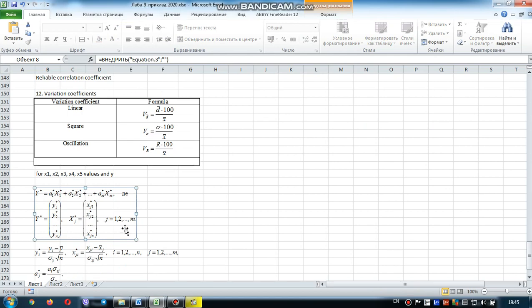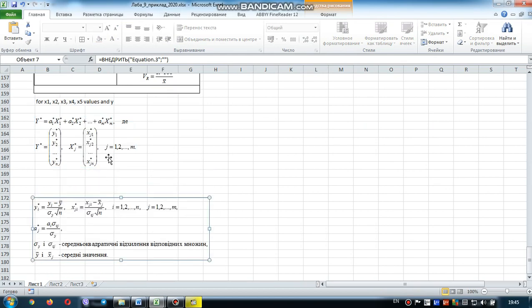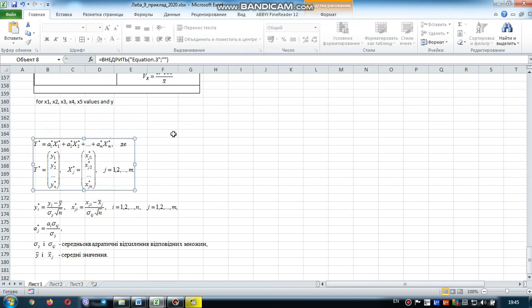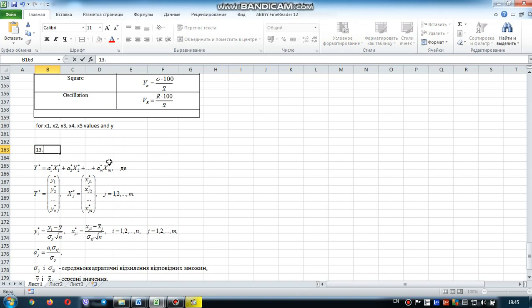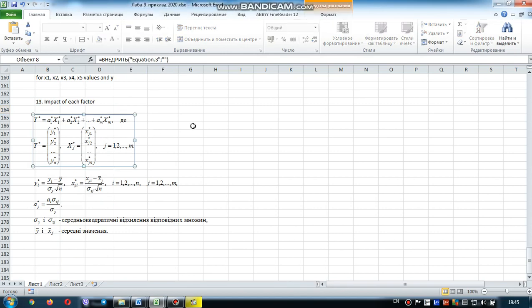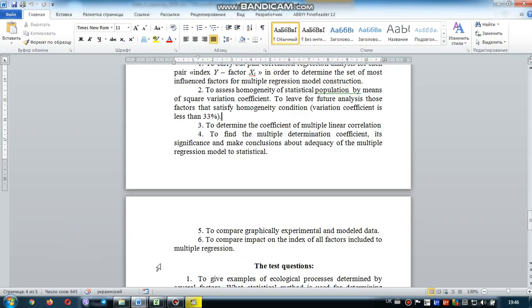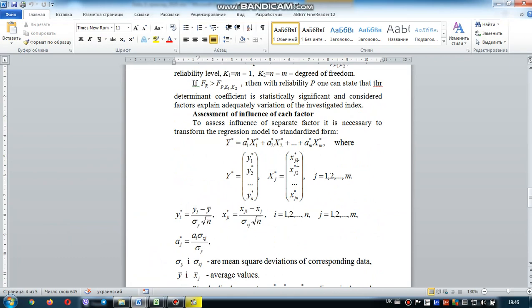next our step is to determine the impact of each factor. To estimate the impact of each factor, you have to transform your model according to these techniques.